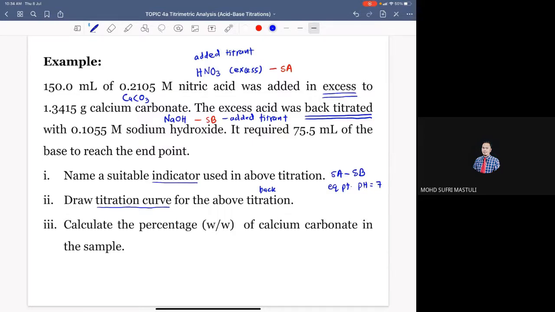So the equivalent point should be pH 7, if you still remember.